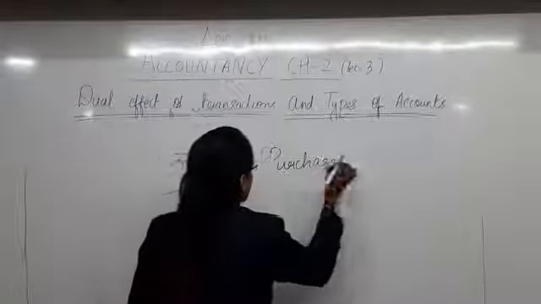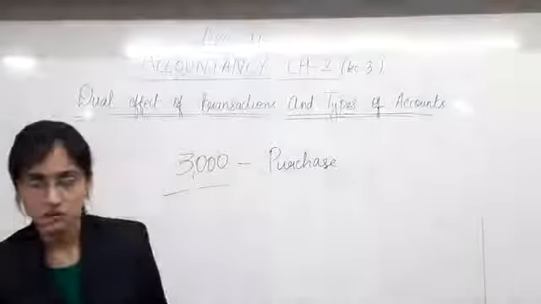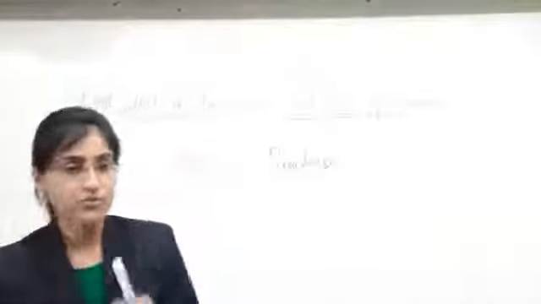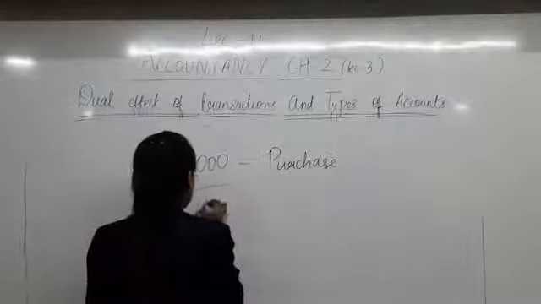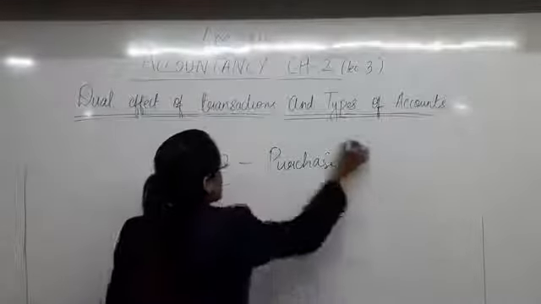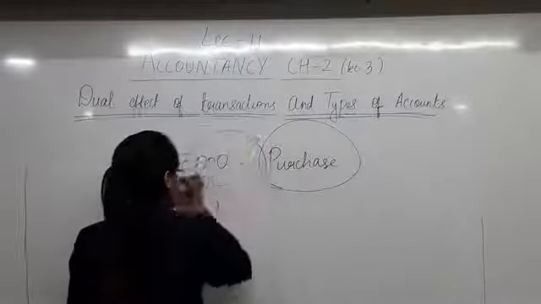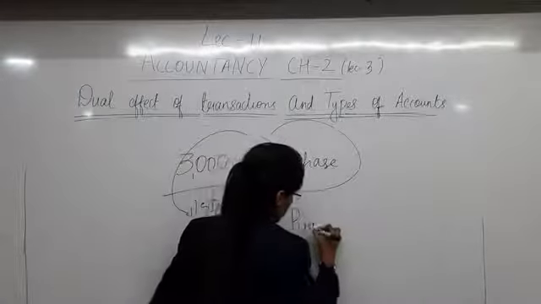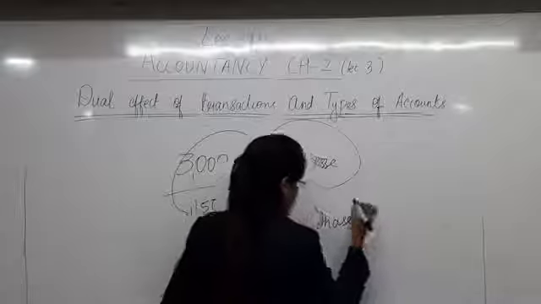So out of the purchase of rupees 3,000, goods of rupees 150 are returned. Goods purchased and then returned becomes purchase return.